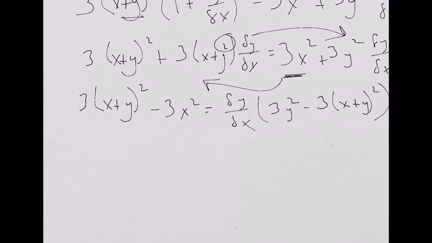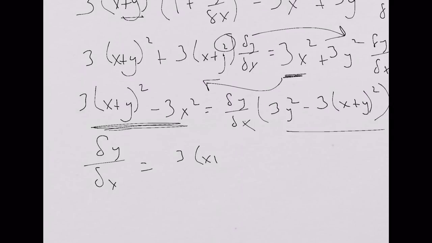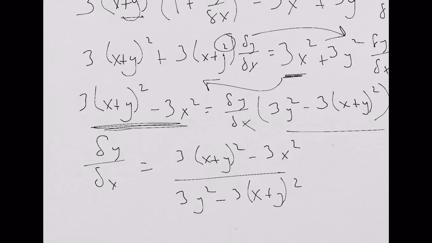My next step would be to divide everything by all that. So I'm going to end up with dy/dx equals my numerator, which is that piece right here, 3 times (x plus y) squared minus 3x squared, all over 3y squared minus 3 times (x plus y) squared.